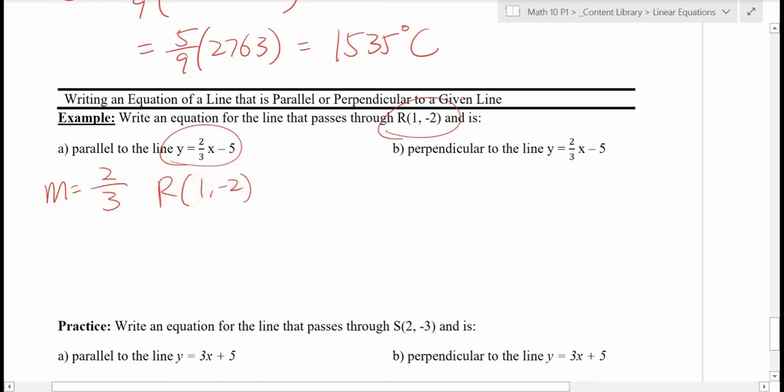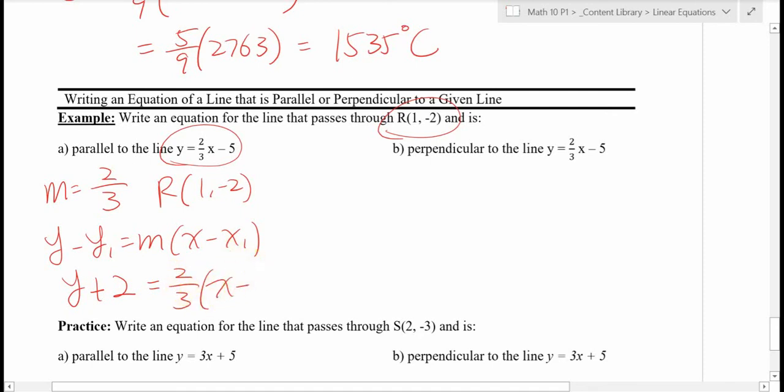There you go, we have a slope and we have the point. So y minus y1 should equal m times x minus x1. Now you just plug in the numbers. y minus negative 2 gives you y plus 2. m is the slope, which is 2/3, times x minus x1, which is 1. That is your equation.